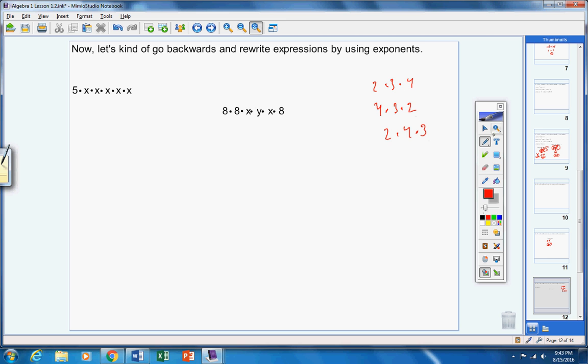The order doesn't matter as long as everything is being multiplied, okay? So, I have 3 8s, 8 times 8 times 8. I have 2 x's, and I have 1 y. So now since all of these are multiplying, we can write them side by side.